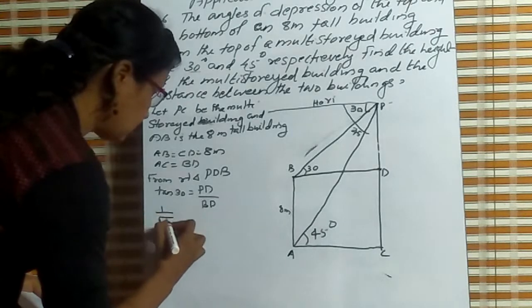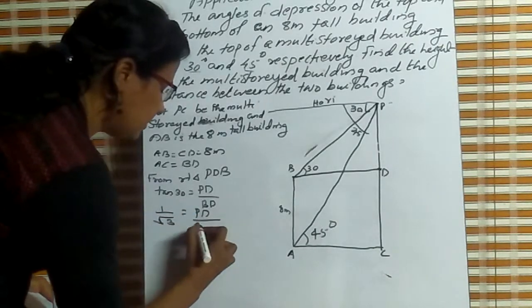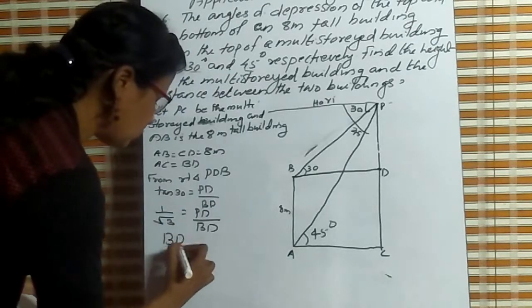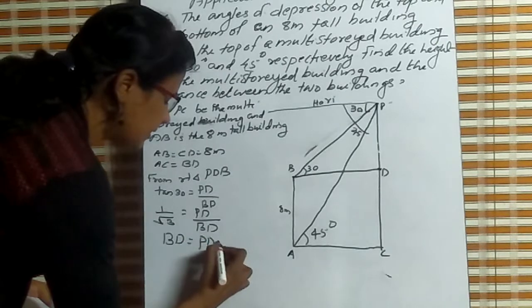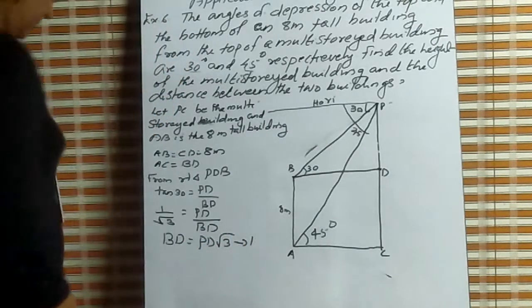1 by root 3 is equal to PD by BD. Cross multiplication, BD is equal to PD root 3. This is equation 1.